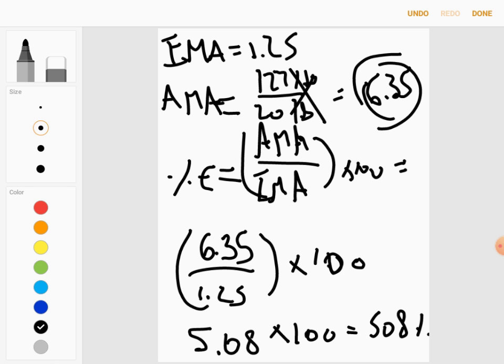Why is it so high? Well, if you remember, for one thing, the numerator right here is very high compared to the denominator. And also, if you notice in the problem, they were pushing the cart down the ramp. You don't need that much effort to push it down the ramp.